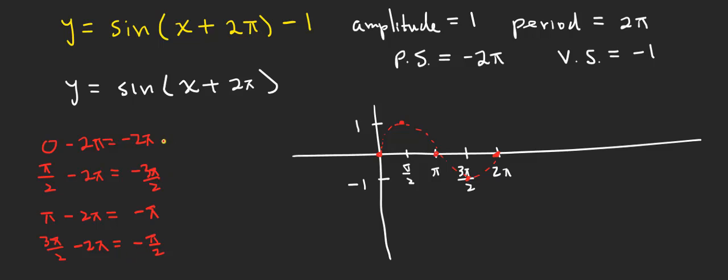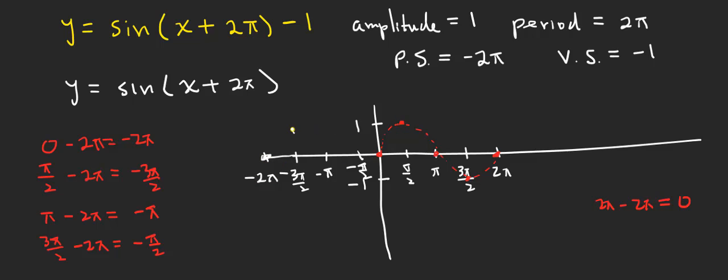And finally, we have 2 pi minus 2 pi, which is going to be 0. So let's draw a line here. You got negative pi over 2. You got negative pi, negative 3 pi over 2, and then negative 2 pi.